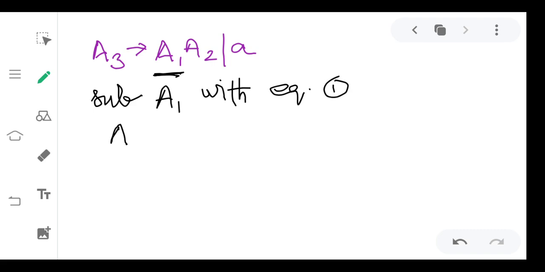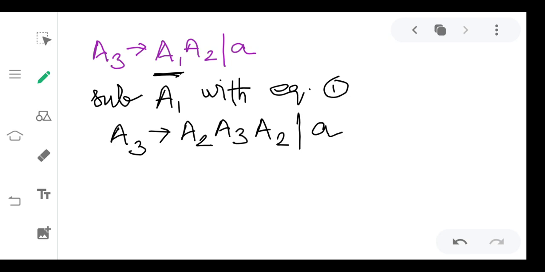So this equation can be changed as A3 produces, instead of A1 we have to replace it with A1's production, that is A2 A3, and as usual we have to substitute that A2, and then A3 produces small a, we have another production that has to come over here. So what we did here is, we are just substituting A1 by its production, A1 produces A2 A3.